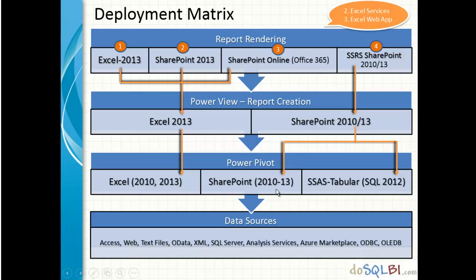Now what we will see is when Power Pivot is available as Power Pivot for SharePoint, and then see this path of the deployment option, and at last we would see the SSRS tabular.